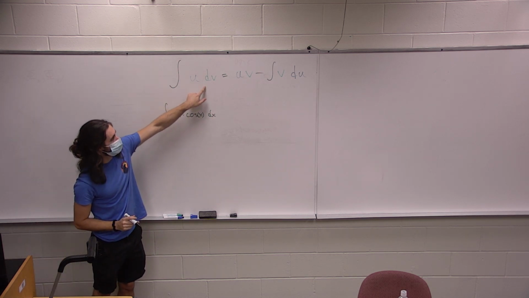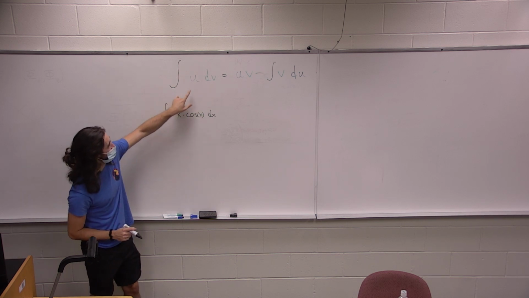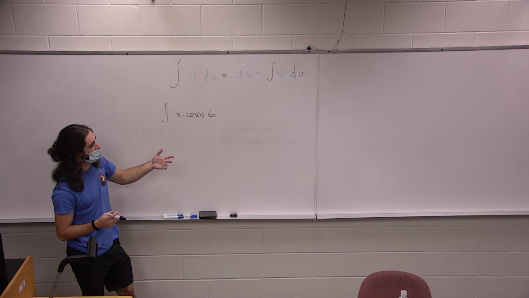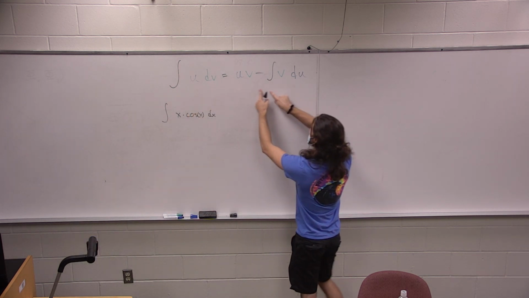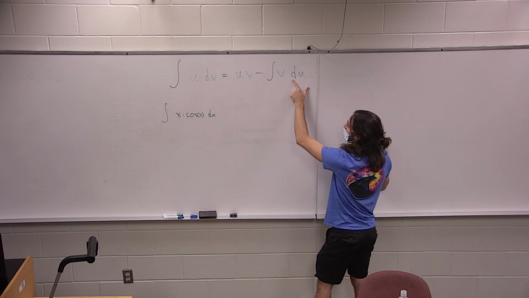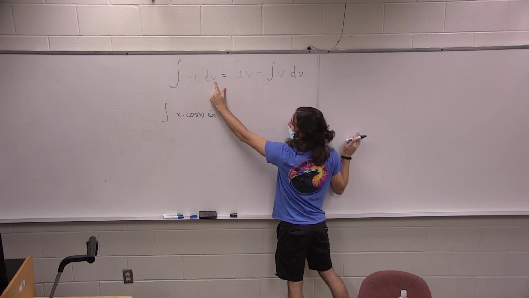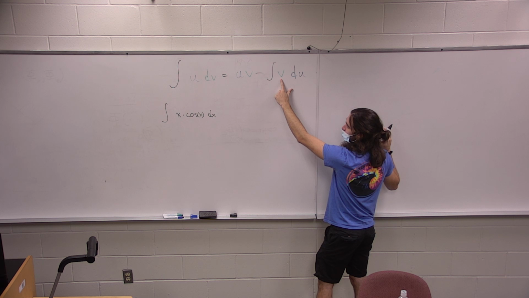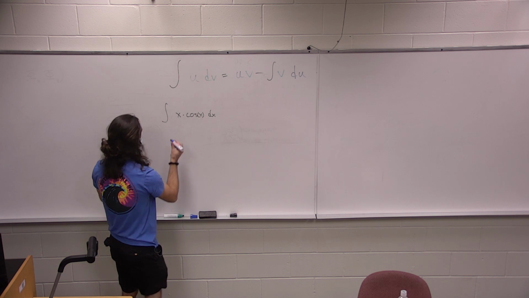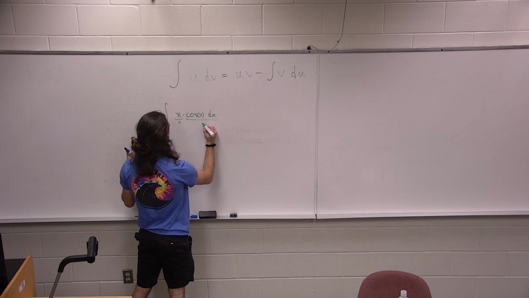So in order to use this formula, we're going to want to choose how to label this. We have to consider some part of this the u, and another part of it the dv. Then we're going to swap whatever we chose as u for its derivative, du, and whatever we chose for dv for its antiderivative, v. In this case, we pretty much have two choices. We can say, let this be u, and then let all this other stuff be dv.